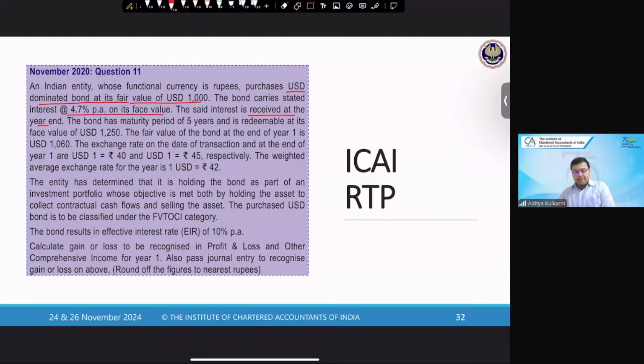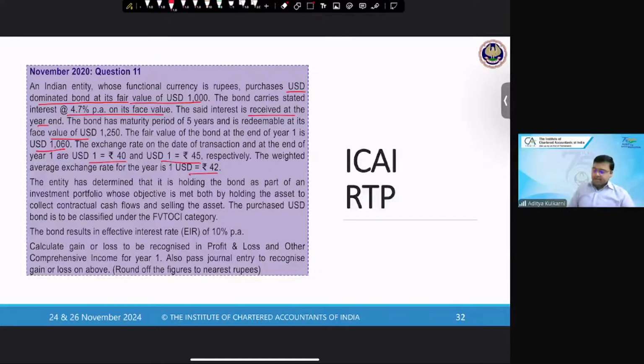The bond has a maturity period of 5 years and is redeemable at its face value of USD 1250. The fair value of the bond at the end of year 1 is USD 1060. The exchange rates on the date of transaction and at the end of year 1 are $1 equals 40 and 45 respectively. Weighted average is 42.